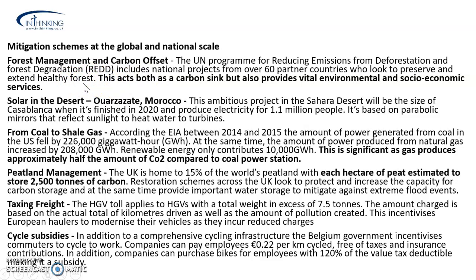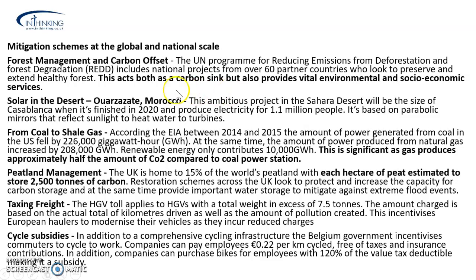So at the global scale, a really good mitigation scheme, in addition to, of course, the COP conferences and the targeted cuts in emissions, what we should refer to here is perhaps REDD, which is the UN Programme for Reducing Emissions from Deforestation and Forest Degradation. So this includes national projects, also bilateral projects. So there's over 60 partner countries who are looking to preserve and extend their forests and the health of their forests.